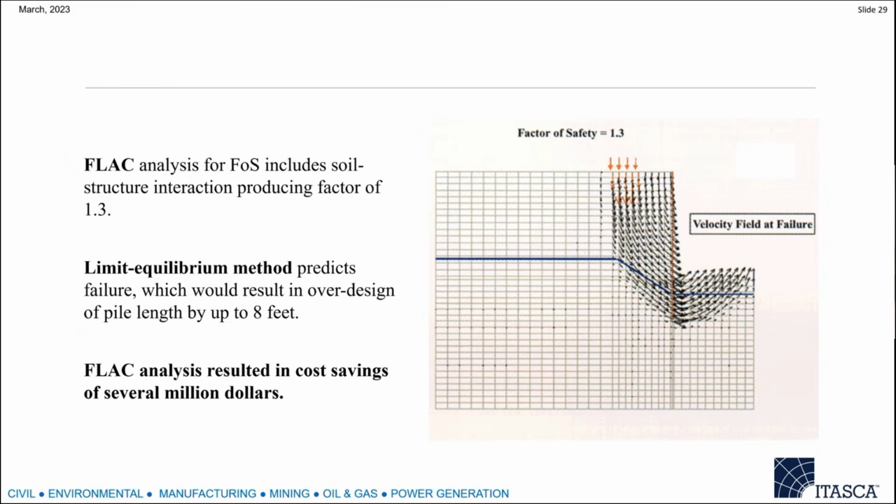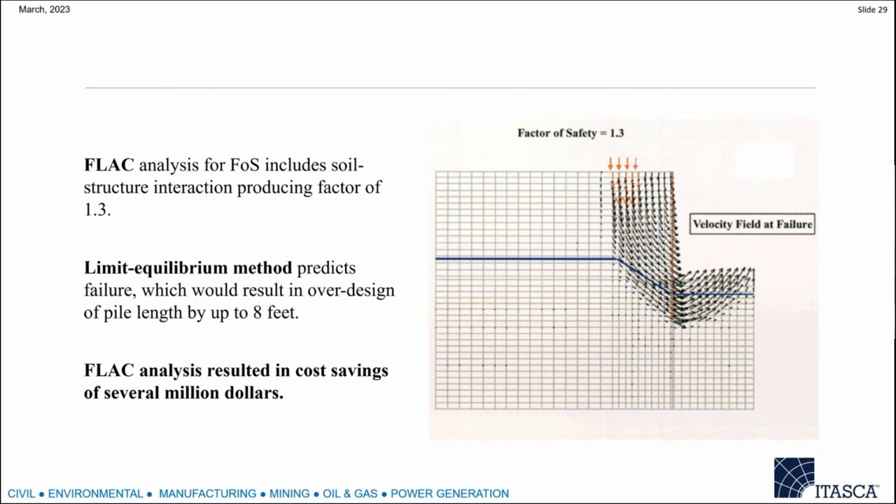So using FLAC, the factor of safety, which includes soil structure interaction, is 1.3. Okay, using the limit equilibrium method predicts failure, which would result in over design of pile length by up to 8 feet.